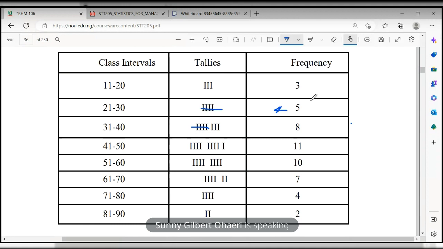It's 8. Then 8 plus 8, 16. 16 plus 11, 27. 27 plus 10, 37. 37 plus 7, 44.